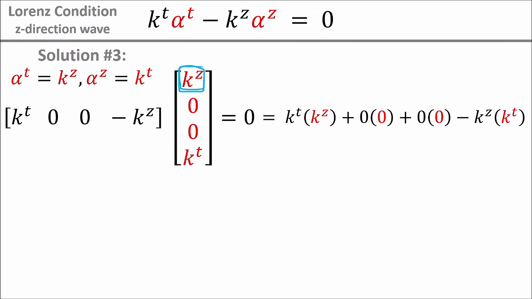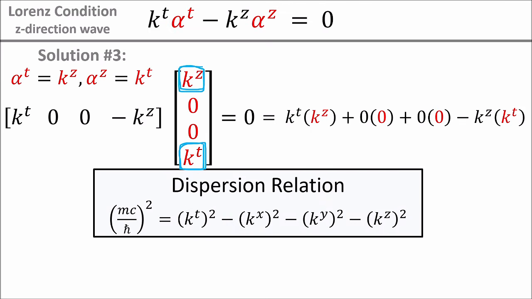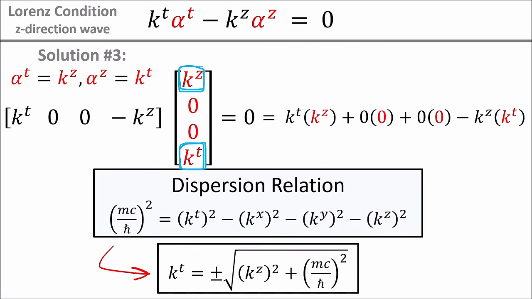As a vector, this solution looks like this. Now, you might think that kt and kz are independent values here, but if we recall the dispersion relation for Klein-Gordon waves, the value of kt here is completely specified by kz and the field's mass, so choosing kz fully specifies this vector.